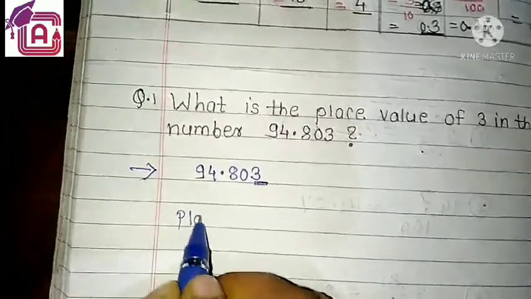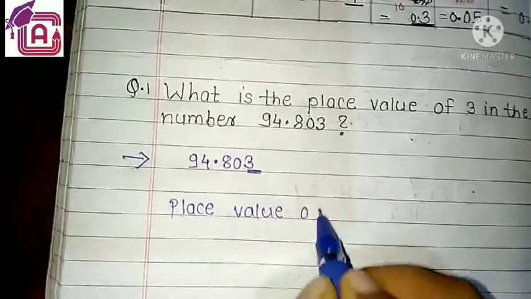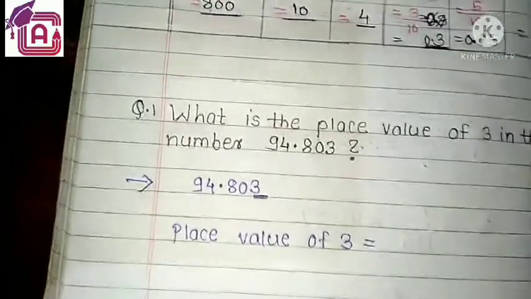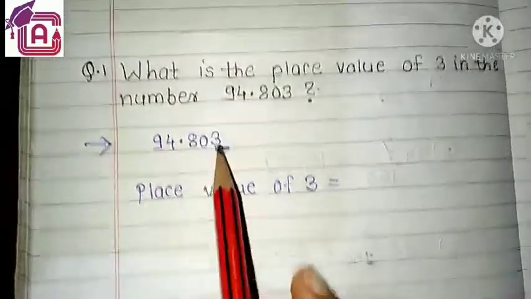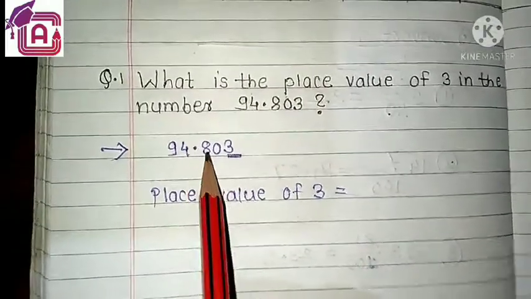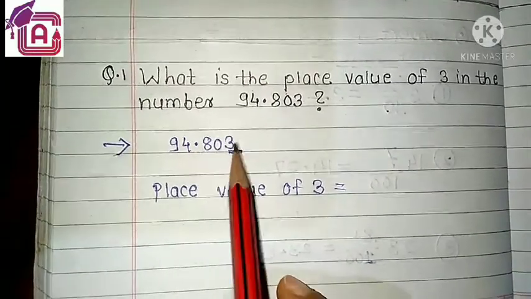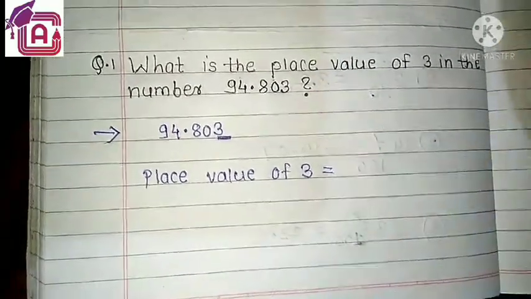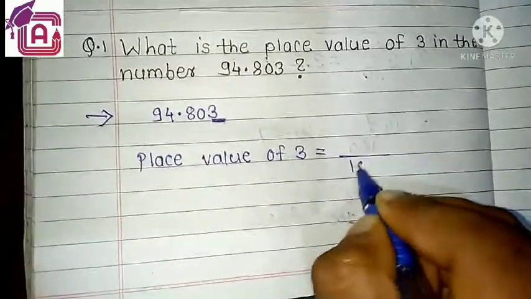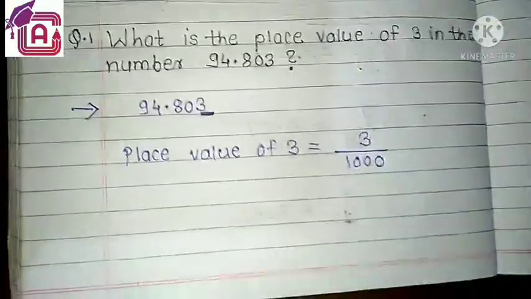Place value of 3. So check the 3 is present at which place? 3 कुठल्या साइडला आहे? It is on the right side. Then from the right side, first place is 10th, then 100th, then 1000th. So it is coming at 1000. So the denominator will be 1000, and at the numerator write down this given number.